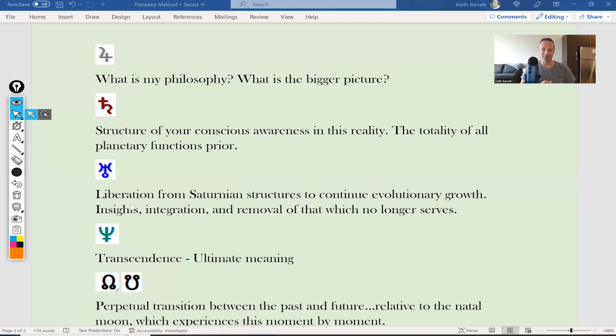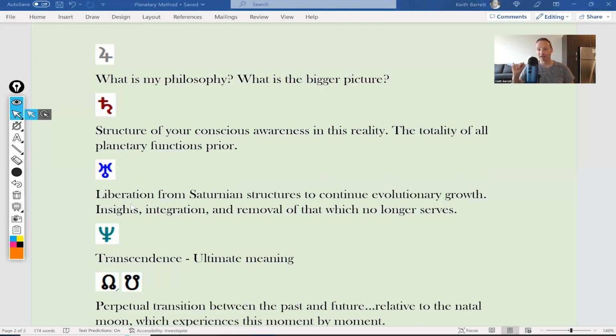So Uranus, if you watch some of my other videos from an EA perspective, is like your soul's long-term cache. And so all of your past life experiences, all of your soul's experiences beyond this reality is symbolized by Uranus. And so past life stuff could come through, right? That needs to get processed. It symbolizes insights. It symbolizes integrating your experiences and learning from them and gaining wisdom and removal of things that no longer serve you. Uranus is always poking at Saturn, right?